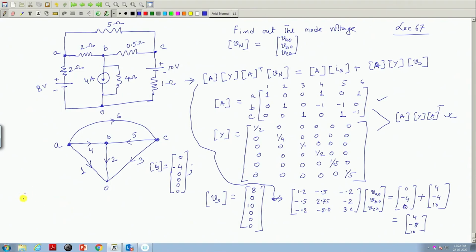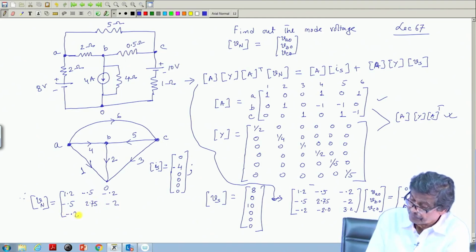Therefore, Vn, these node voltages, that is this column vector VA0, VB0, VC0 will be this matrix inverse. Let me write it so that you understand very quickly: 1.2, minus 0.5, minus 0.2, then minus 0.5, 2.75, minus 2, minus 0.2, minus 2, 3.2.